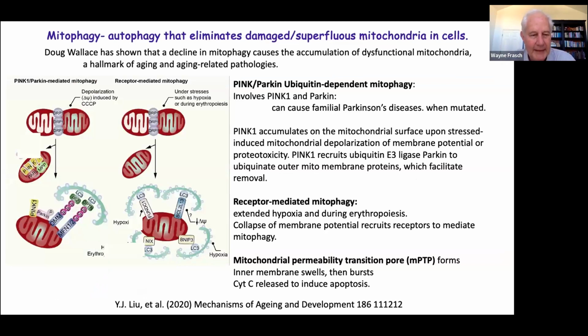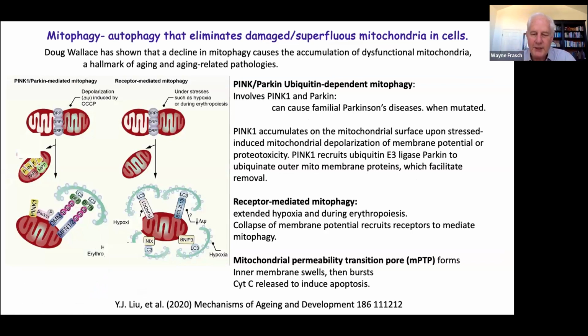Okay, so how does this happen? So there are a couple proteins involved with this. And so the mitophagy will occur mediated by these proteins called PINK and PARKIN, and they work with ubiquitin. And PARKIN is named because when you have mutated forms of PINK1 and PARKIN, it gives rise to familial Parkinson's diseases.